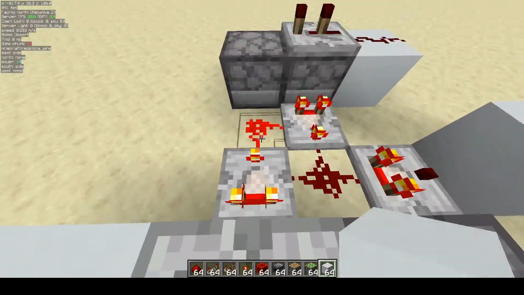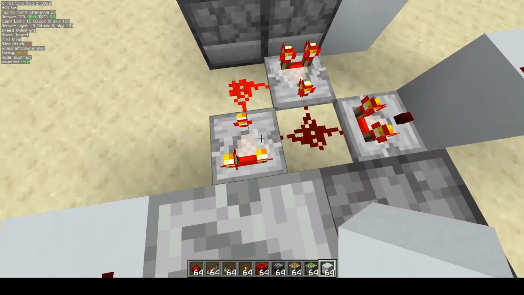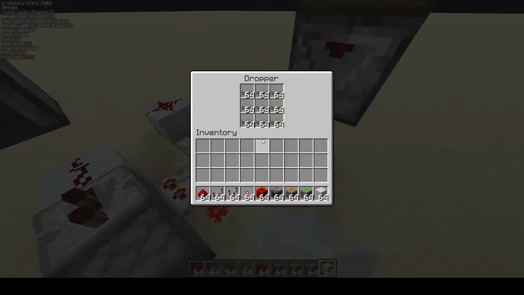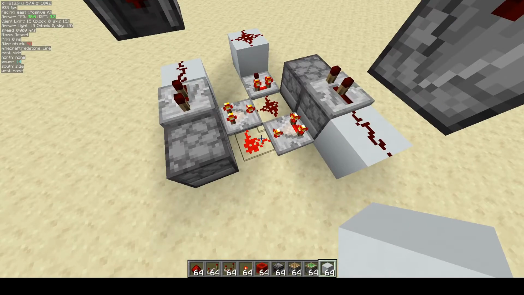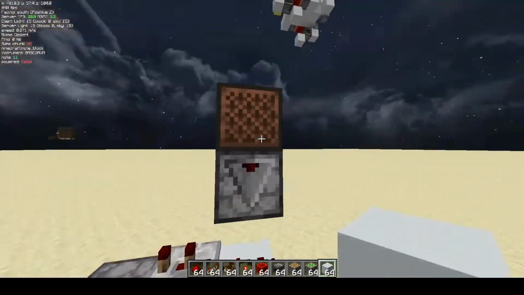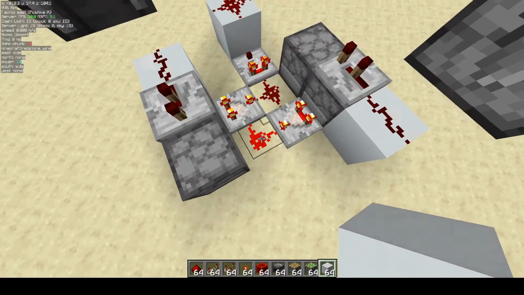So it's supposed to be sending out 15, but since that one is on 1, it's subtracting 1 from 15, so that's at 14. And then what happens is, it'll no longer be detecting a signal strength of 15 out of here, so it'll put this down by 1, which will let this go up by 1, and then it'll stay like that. So now you can see that one's at 2 and that one's at 13.